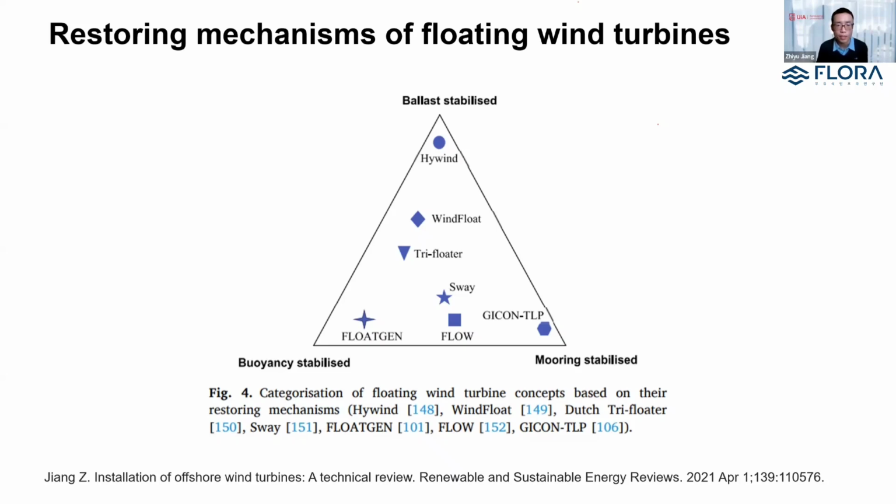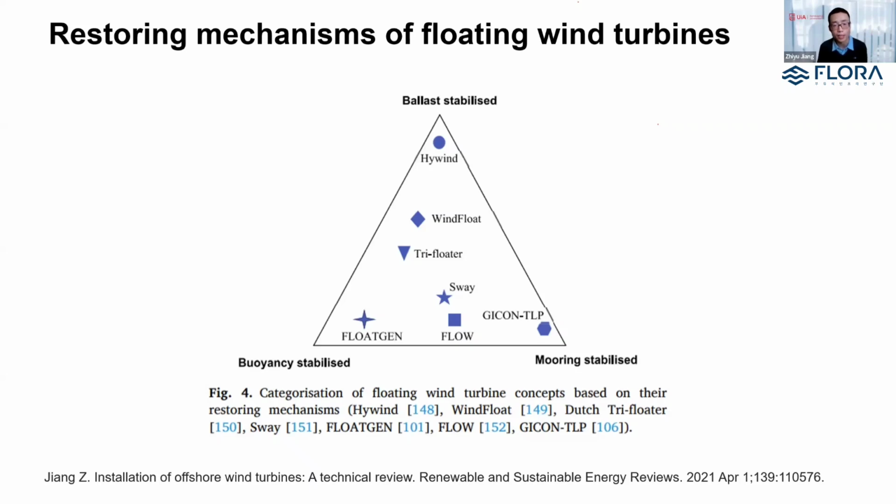The reason why I place the spar at the upper corner is that spar, as I mentioned, has a very large draft and a very low center of gravity. So the large distance between the center of gravity of the platform with the wind turbine and the center of buoyancy makes for a very large restoring arm.